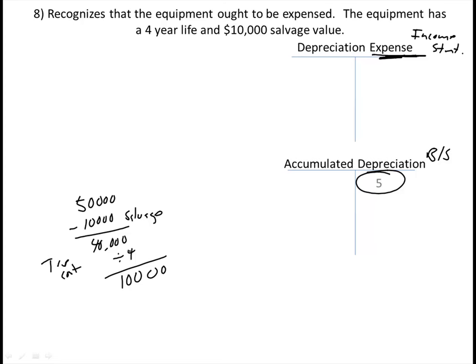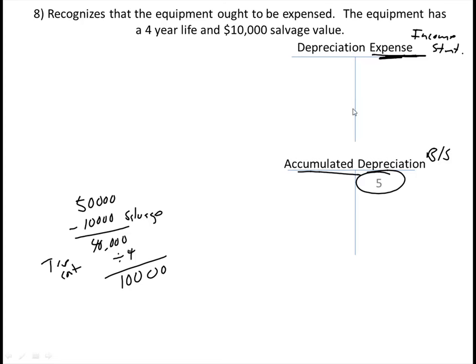So we have to remember that our depreciation expense is an income statement, temporary account. It only recognizes the current period's use of the asset, whereas our accumulated depreciation account, being a balance sheet account, being accumulated, takes into account all of the costs that we have expensed from time immemorial.